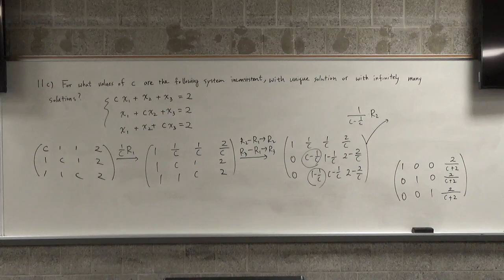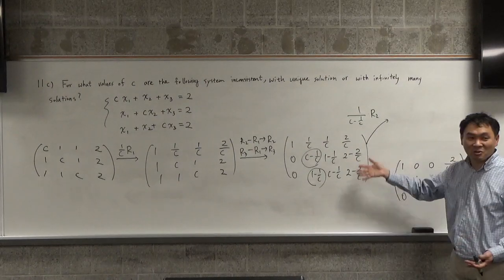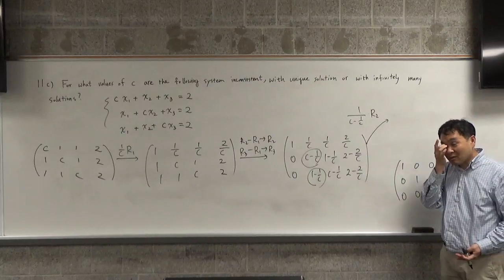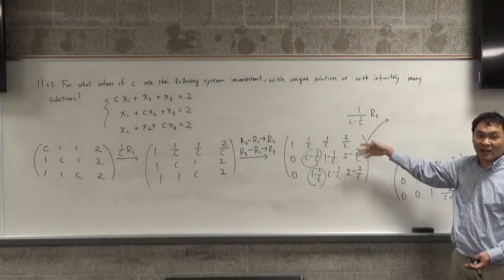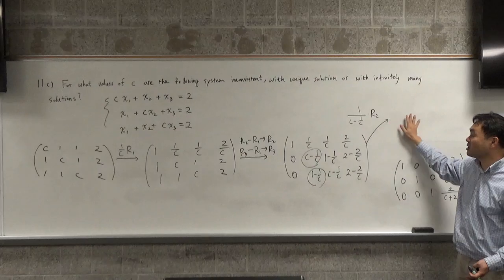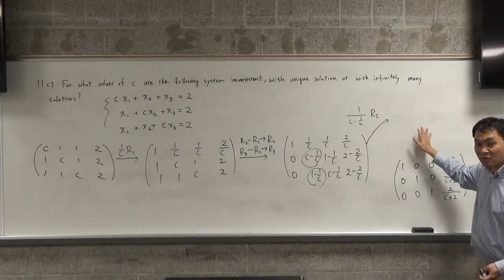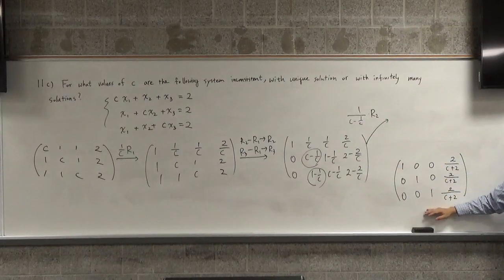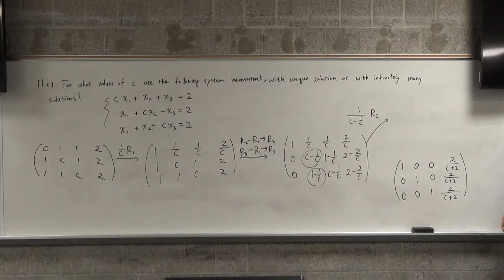Now at this point you could do it, it's not too bad, but you don't want to do it because it's ugly. So let me just hand wave from here, and eventually if you work this out, you will get the final result as this one. So this will be your RREF.